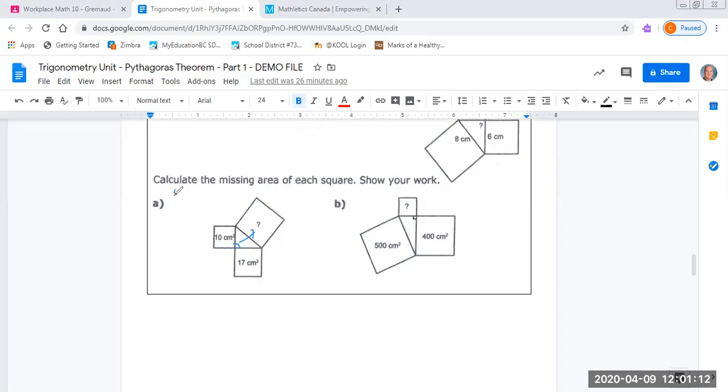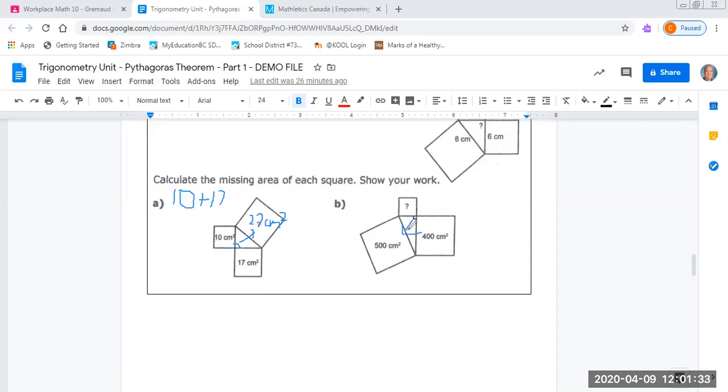So we're going to take the 10 plus the 17, and that's going to add up to what the hypotenuse square should be. So we're saying that this hypotenuse square should be 27 centimeters squared.